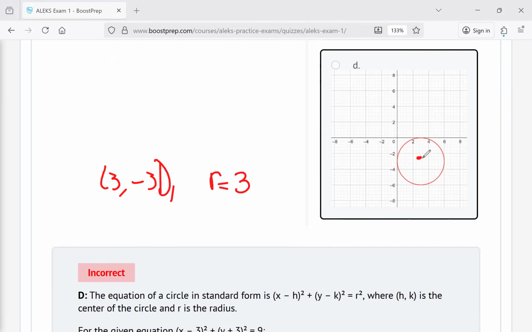And then you go 3 units from the center, 3 units to the right. So one, because we're going by two, so be careful. This is one, and then one more would be right here. And then three to the left would be right here, and then three up, and then three down. Bingo. Okay. Yeah, so be careful on the exams with this scaling. I'm going to stop here.